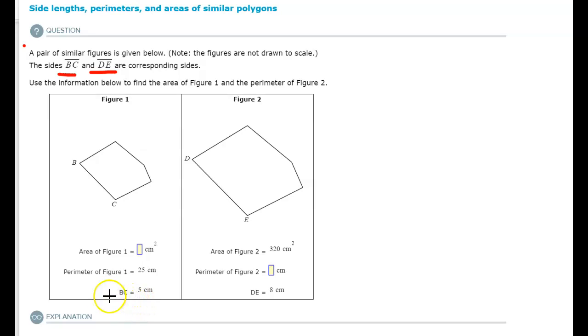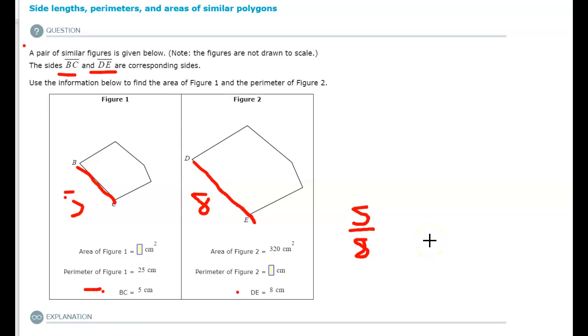So right away I can see down here that BC, which is from here, and DE, which is from here, is 8. So what we're going to have is this ratio of 5 to 8. So I'm going to start off and say my ratio is 5 to 8.